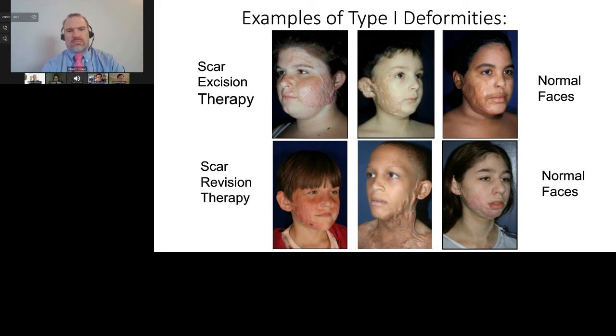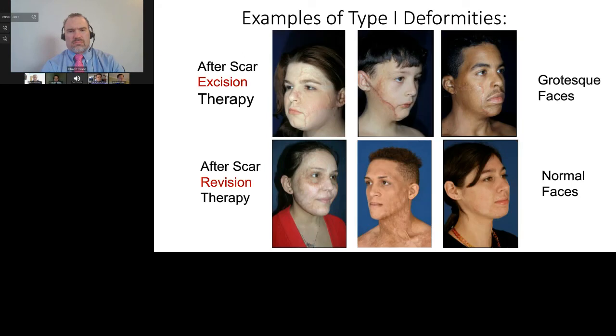The upper 3 were treated with scar excision and flaps. The bottom 3 were treated with lasers and scar revision. The outcomes are strikingly different. The upper 3 all have grotesque deformities after extensive surgery. The bottom 3 all look completely normal after their laser treatment and 19th century scar revision interventions.